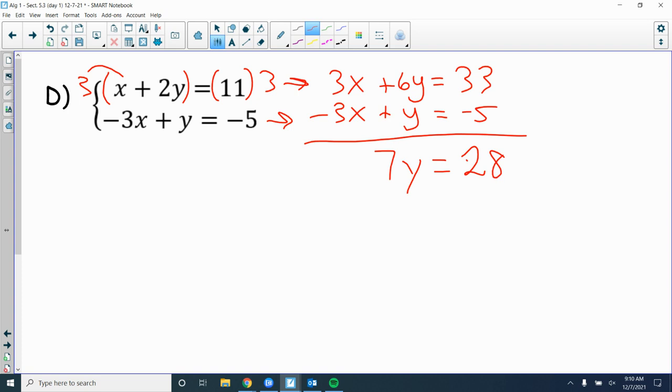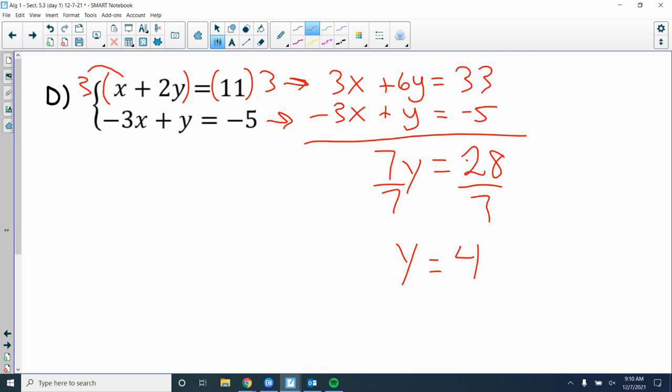Janet, go. And then you divide by 7. Oh, sorry. And then 4. Okay, so guys, all right, we got y equals 4.